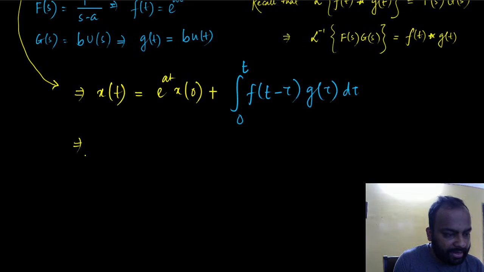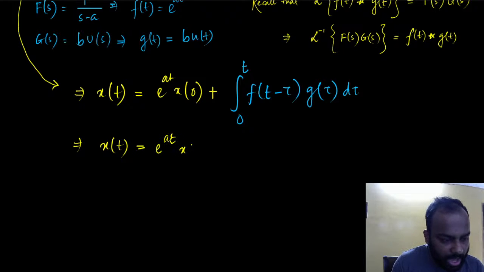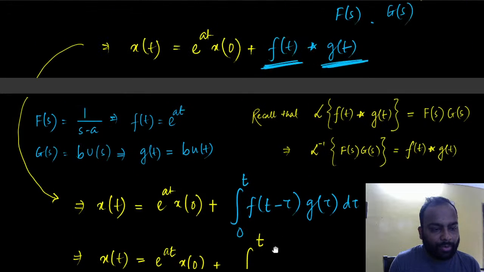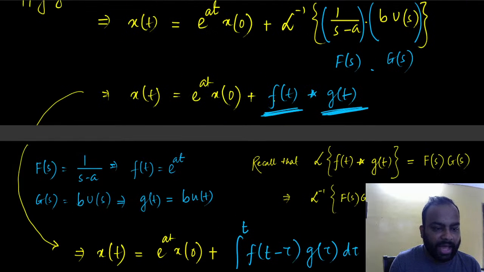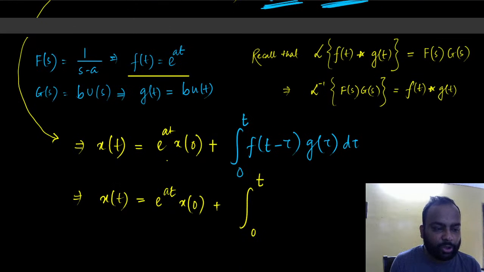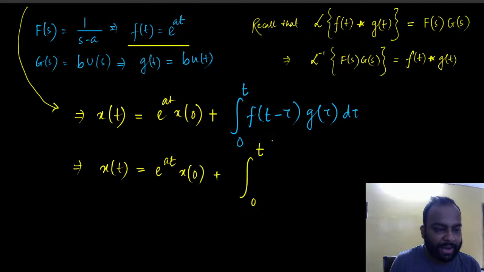And with that said, x(t) is equal to e to the power at x0 plus the integral from 0 to t. Now f(t) is e to the power at, so what is f(t minus tau)? That would be e to the power a(t minus tau).